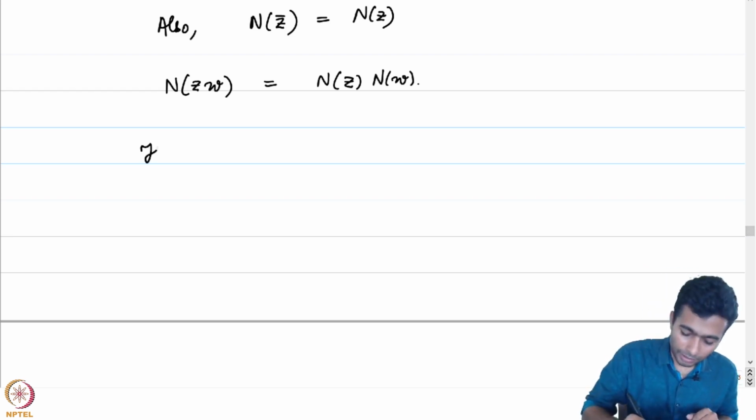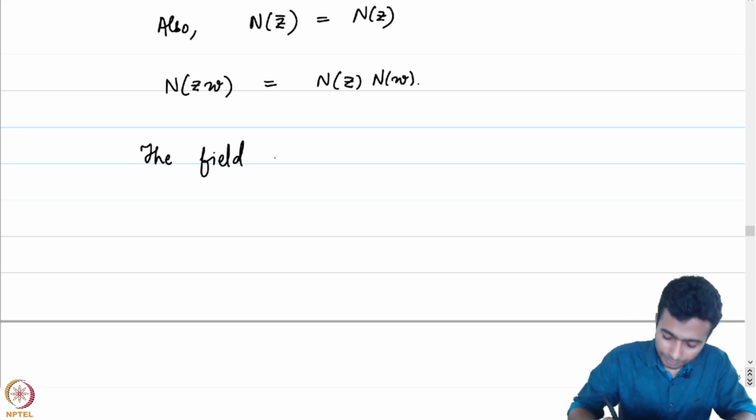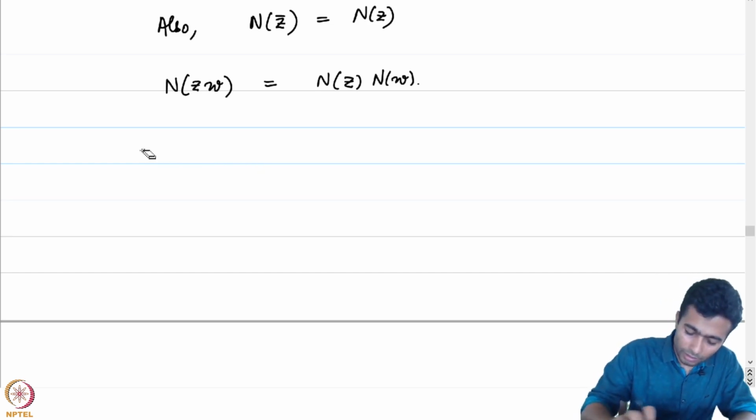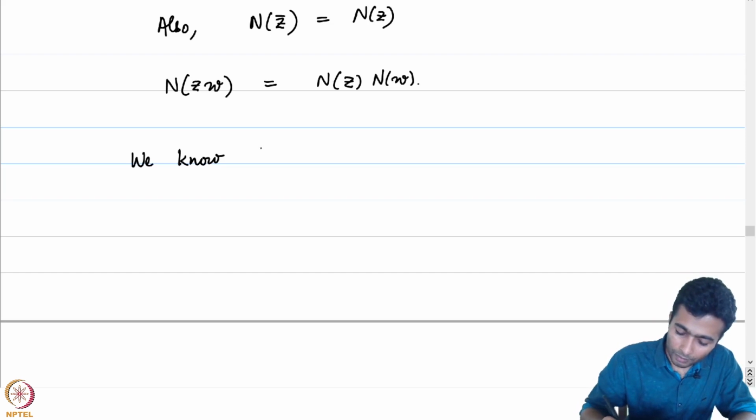From your course on linear algebra, you would be familiar with the fact that the field of complex numbers is an inner product space over R. So let me not write field of complex numbers, but now we are looking at it as a vector space.